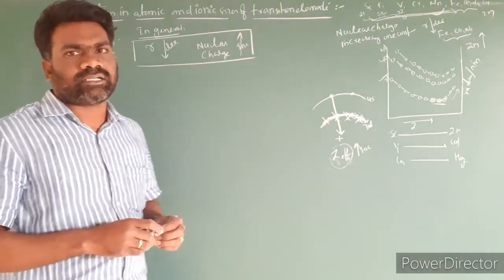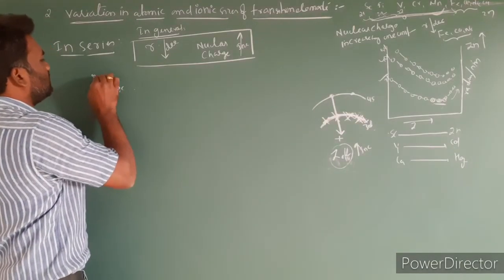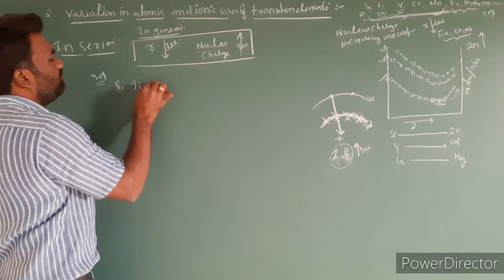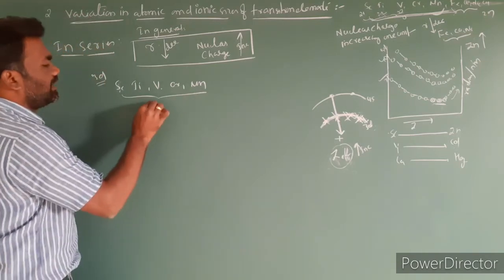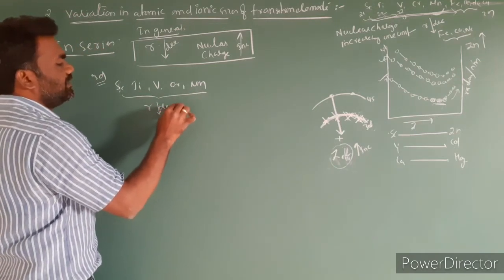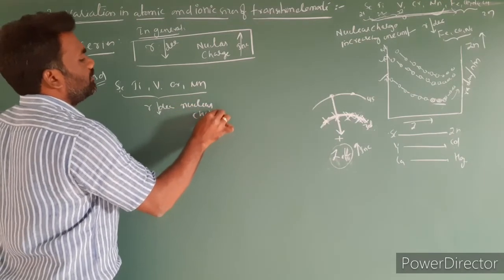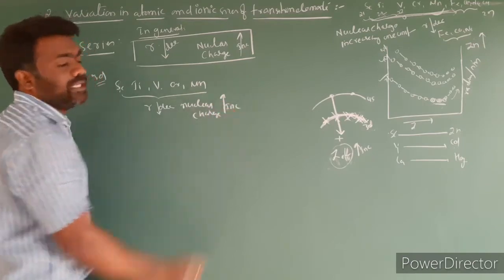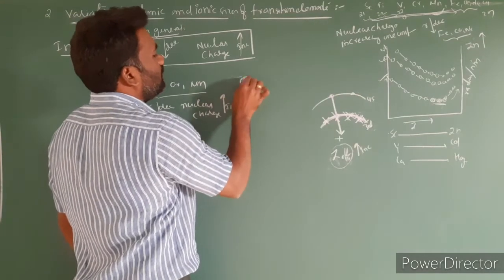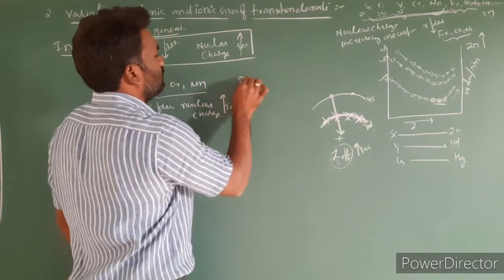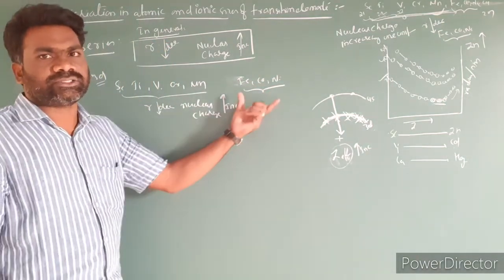For iron, cobalt, nickel, the size is almost constant.